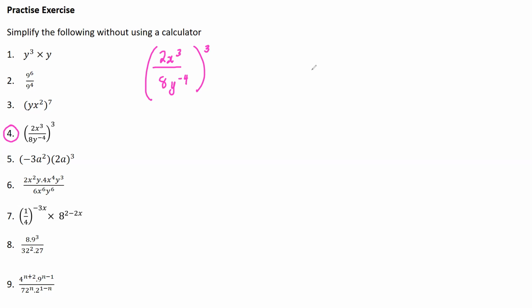This reminds me of a rule of exponents: a over b to the power of m means the m is powering a while at the same time powering b. So that becomes a to the power of m over b to the power of m.